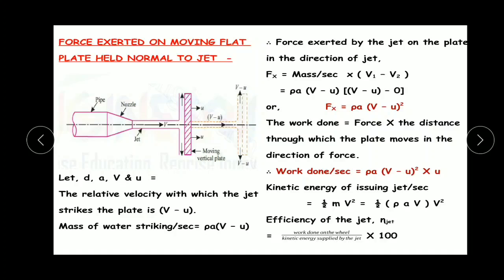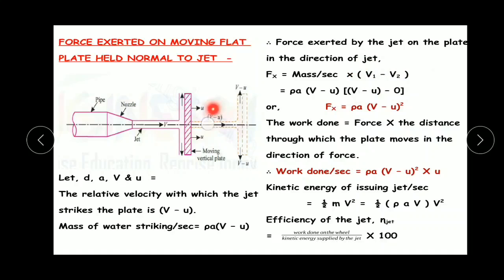Then the force exerted by the jet on the plate in the direction of the jet is given by mass per second into (initial velocity minus final velocity). Fx equals mass of water striking per second into (v1 minus v2), where v1 is the initial velocity and v2 is the final velocity.